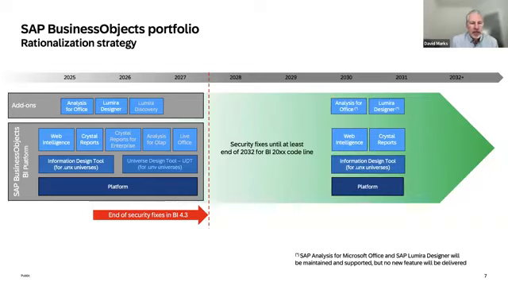These are all activities that you need to do before moving on. We had some customers that were using Analysis for OLAP heavily over OLAP data sources, so that's also something to pay attention to if you're using that product.